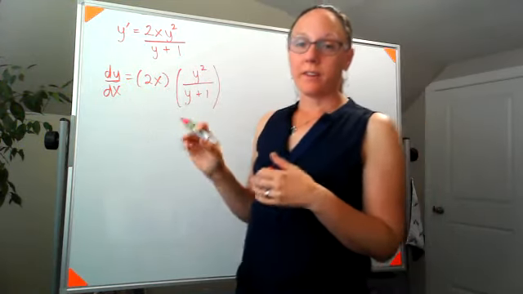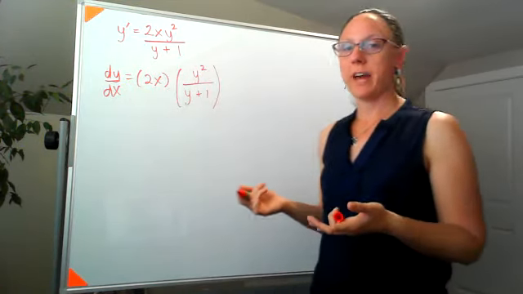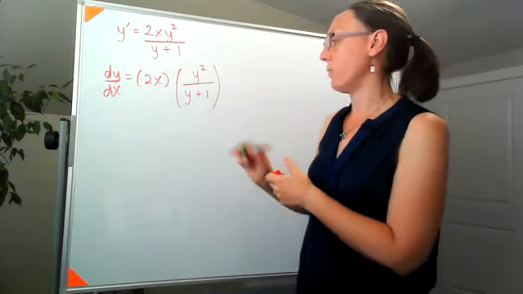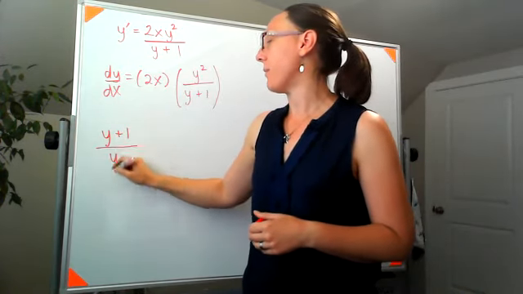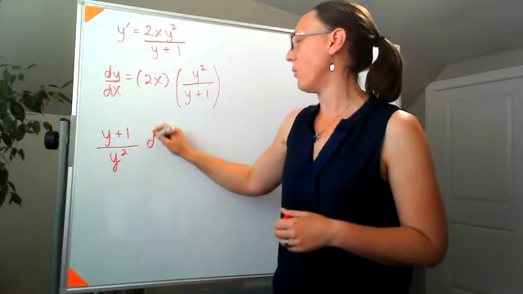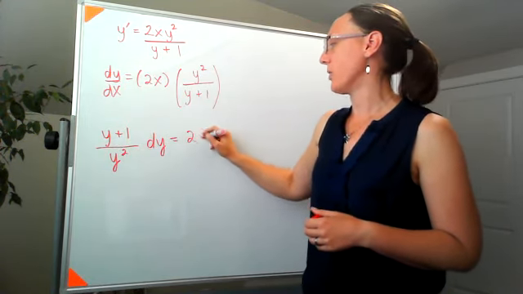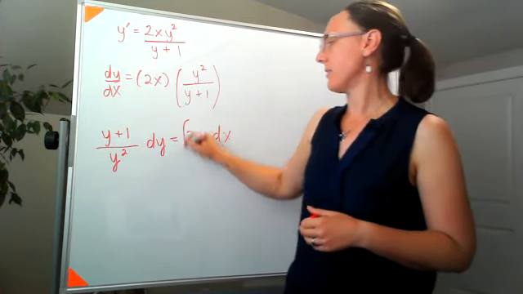When I'm moving my y's to the other side, I'm going to do that by multiplying by the reciprocal of what's here, which means I'll end up with (y plus 1) divided by y squared, dy, is equal to 2x dx.